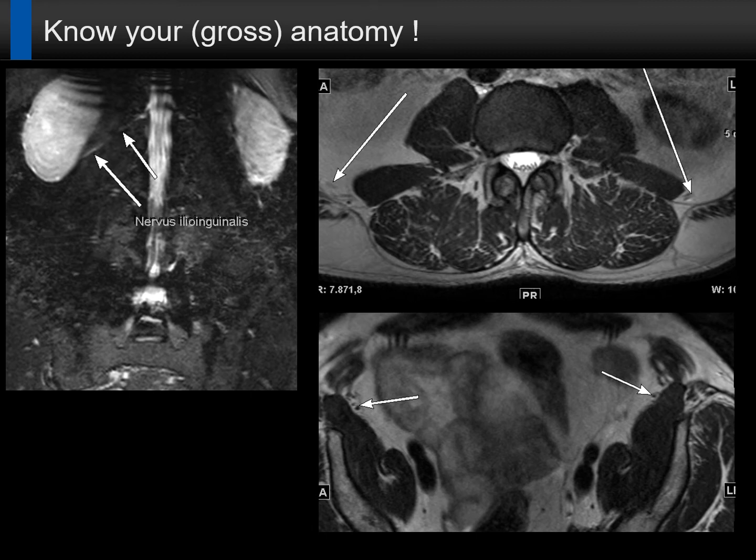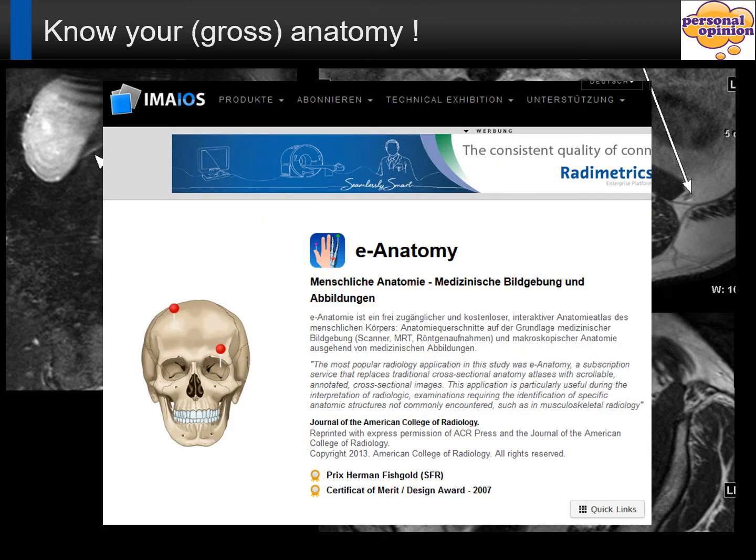Some words, apart from the technical aspects: it's also important for yourself to train yourself. You need to know the anatomy of all those nerves. If you don't know them, you have to look them up. It's not a shame. Even I do it frequently, and I also recommend it to my fellows and residents that they always look it up, especially the smaller nerves.